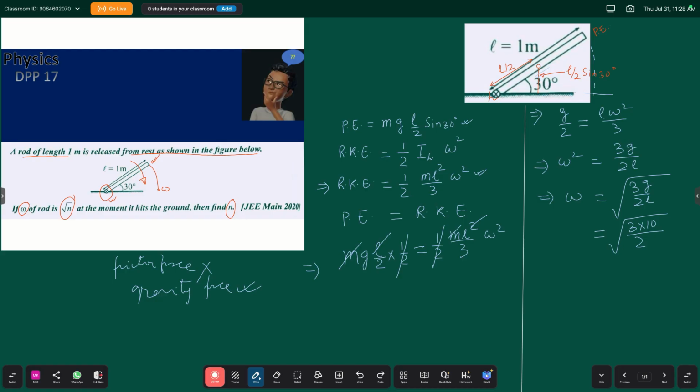Oh, sorry, L is 1. Omega is root 15, but at the same time in the question, omega is given as root n. So your n will be 15. This will be your answer.